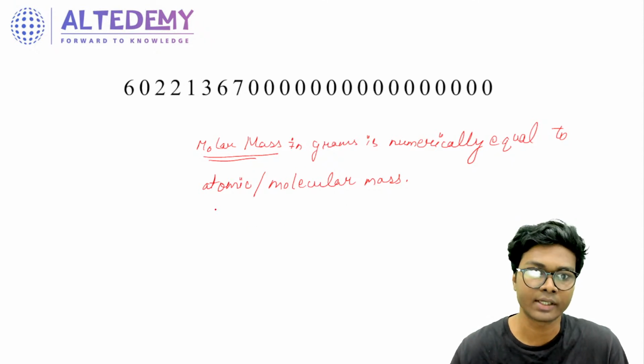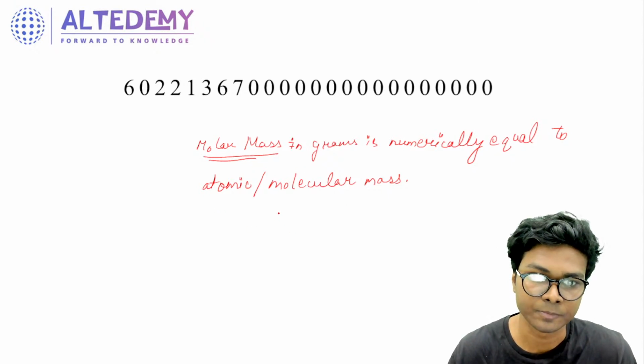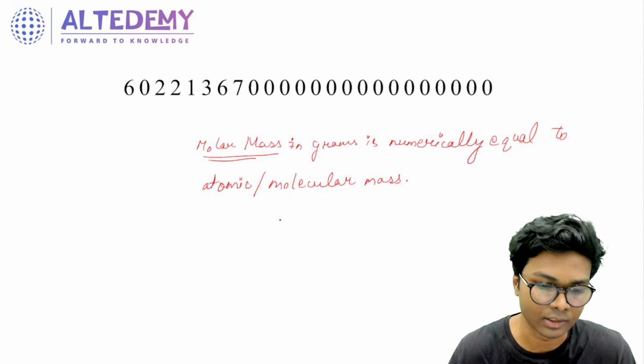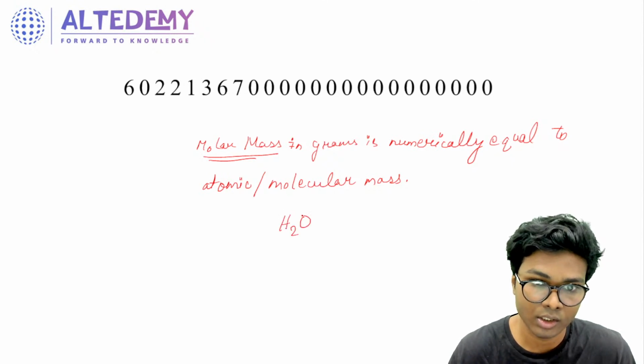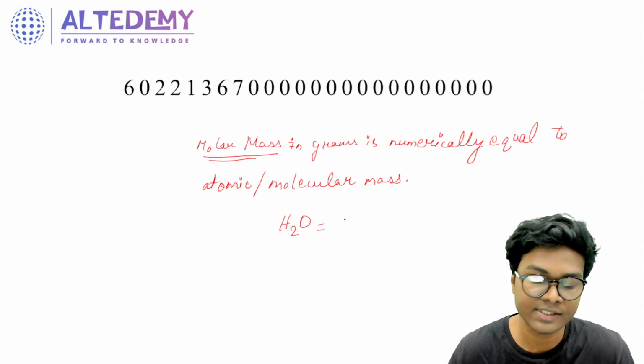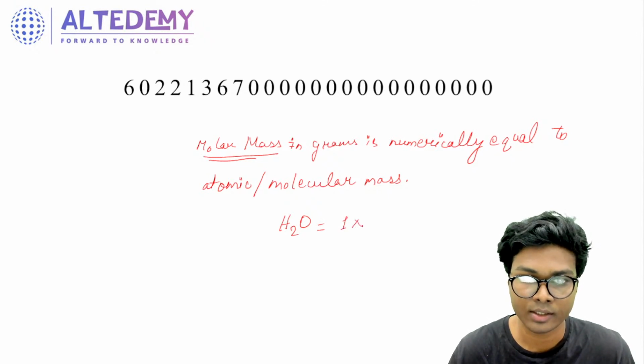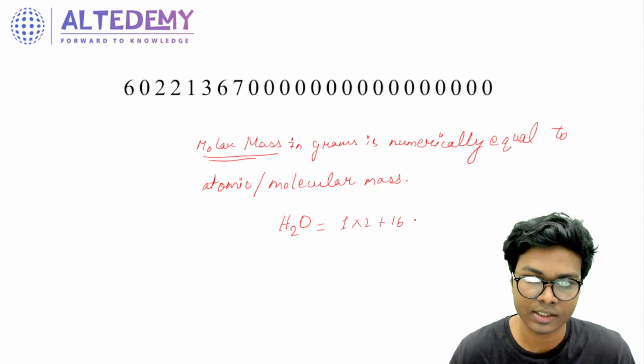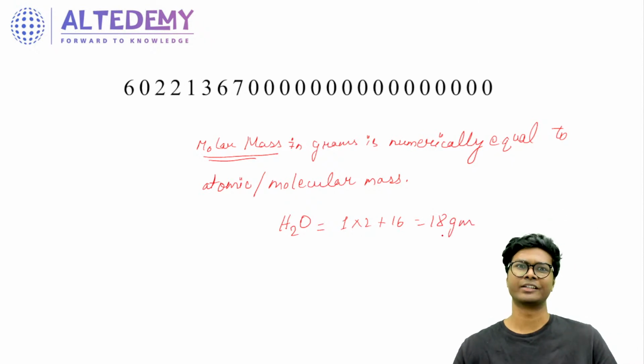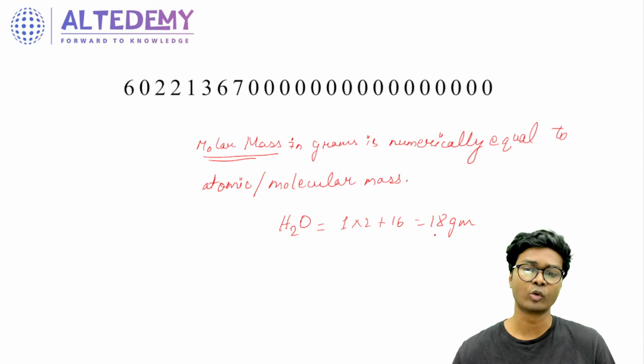So every time you say the molar mass of, let's say, H2O, this always is 1 times 2 plus 16, which is almost 18 grams. This is the rounded off number.